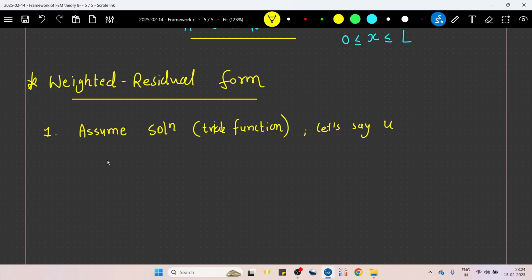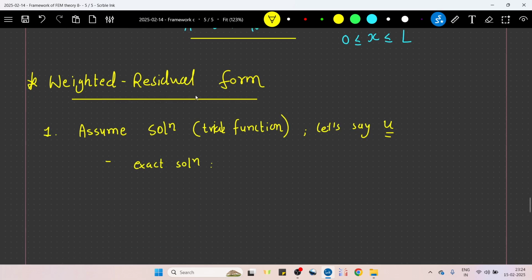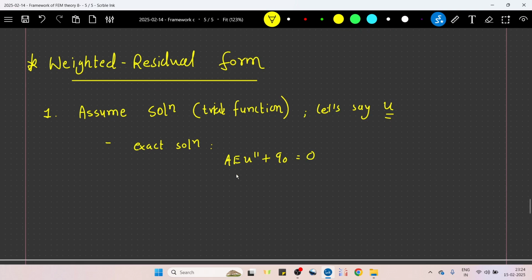There are two things. If this u, whatever solution we have assumed, is an exact solution, it will satisfy the strong form. So if in this strong form we substitute our assumed solution, we'll get 0.